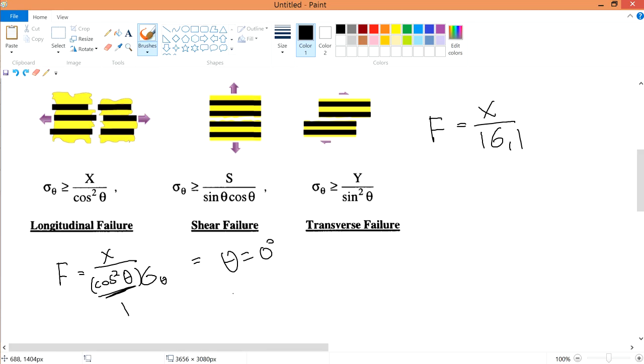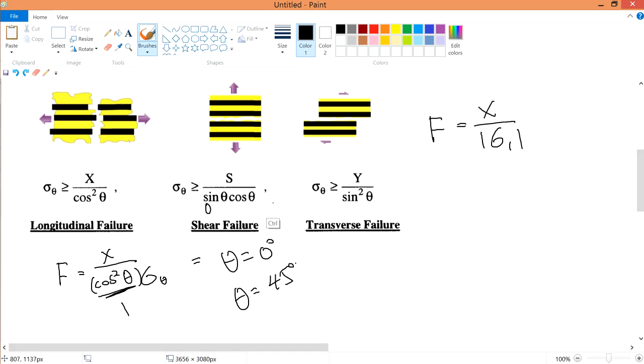If your theta is equal to 45 degrees, which is the shear case, sine 45 and cosine 45 would give you 1. You can type into the calculator and see. No, when I type into the calculator, it's not. It's 0.7 something, and cosine 45 is also 0.7 something.